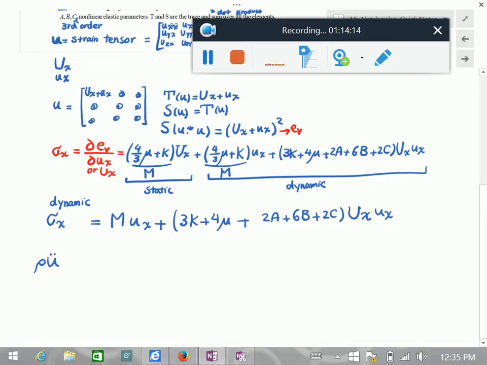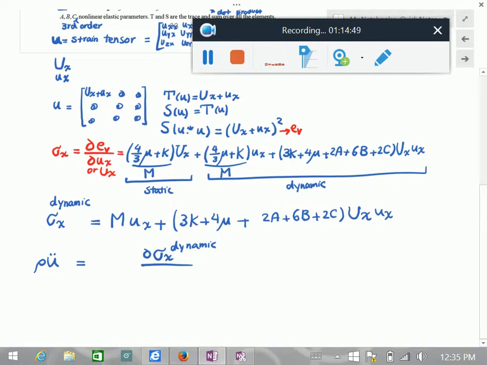Rho u double dot is equal to the second derivative with respect to x, and we can write this as... here I would have needed an m here. Let's just write the expression with the stress.